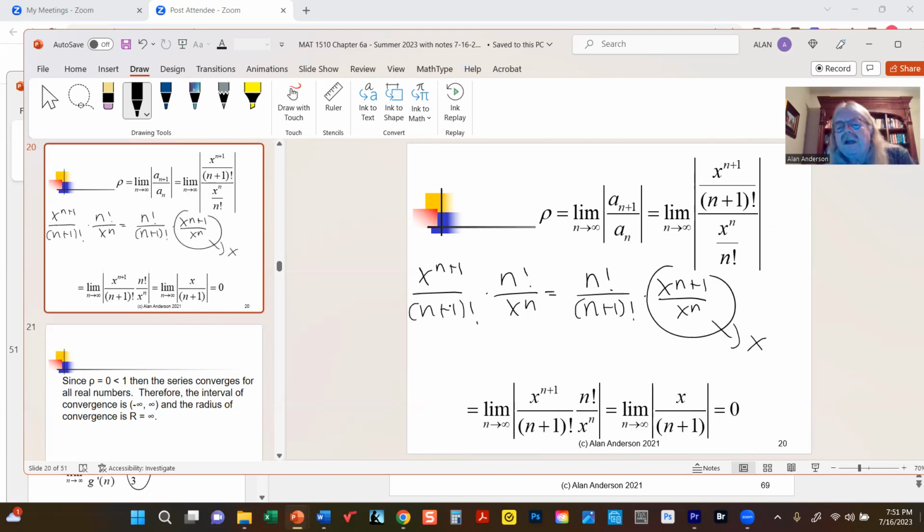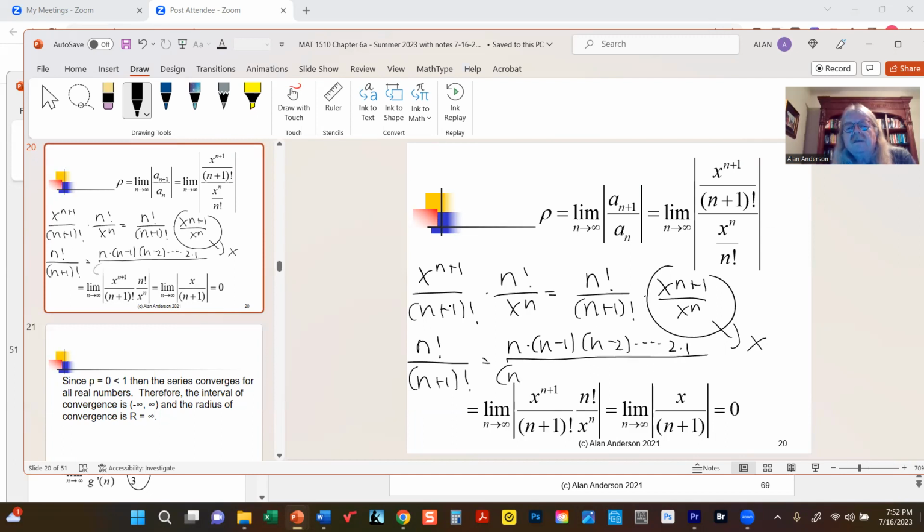n factorial over n plus 1 factorial. Well, n factorial, as you know, is just n times n minus 1, n minus 2, all the way down to 1. n plus 1 factorial is n plus 1, times n, n minus 1, n minus 2.